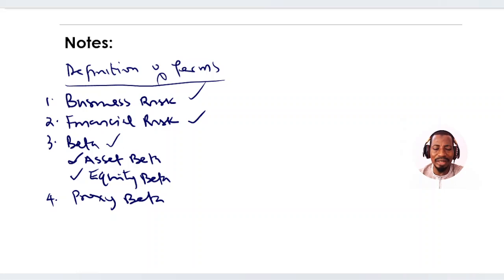So asset beta is also known as ungeared beta. Okay, ungeared beta. The beta that does not have anything like financial risk.